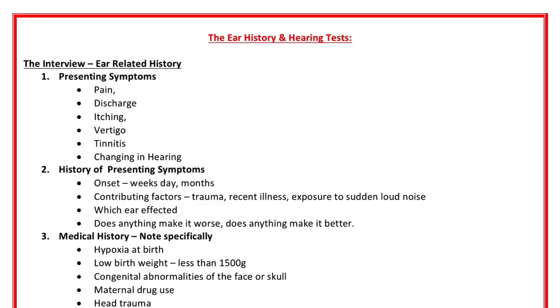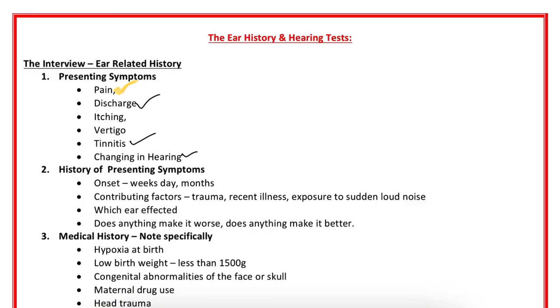If a patient says they are getting ear pain, ear pain is called otalgia in medical terminology. Next, some patients come with discharge, which we call otorrhea. Some patients come with hearing loss or changes in hearing, for example, in one ear they are not hearing properly and in the other ear they hear well. Next we can see tinnitus, which means ringing sound.